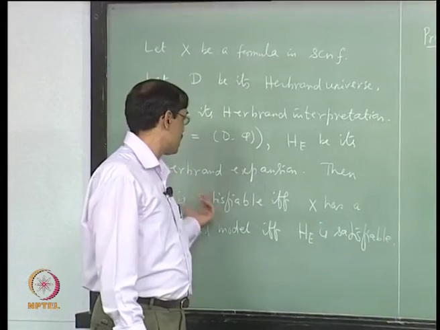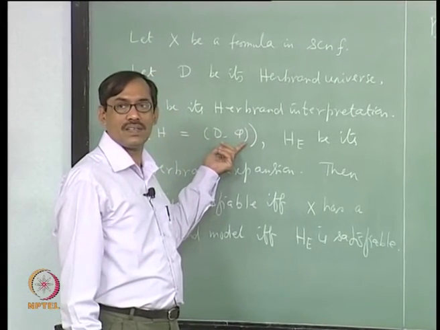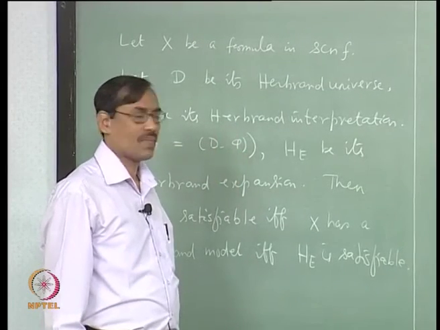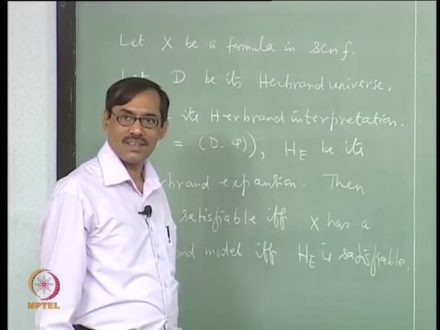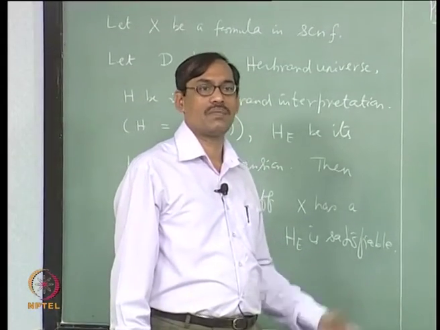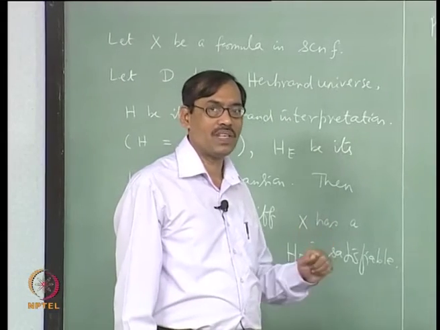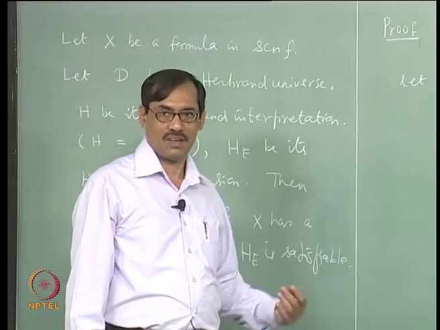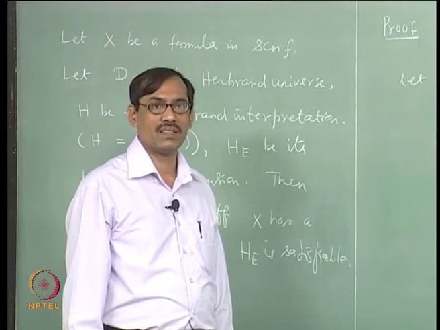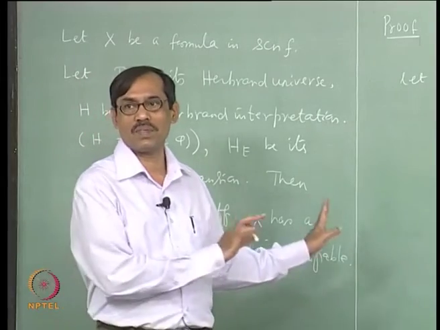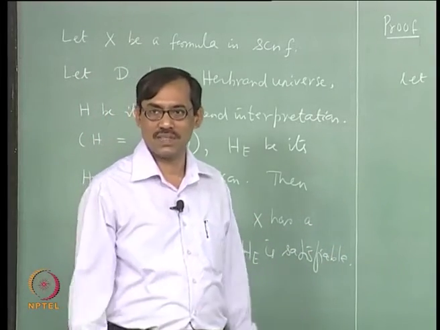So, the Herbrand interpretation is already determined, D is fixed, once X is given D is fixed, phi is also fixed, in the way it is giving P and all the predicates and the function symbols. Phi is not fixed only in one sense, that which atomic formulas it declares to be true, which one it declares to be false. In that sense only we have some freedom there, otherwise everything is fixed, right.